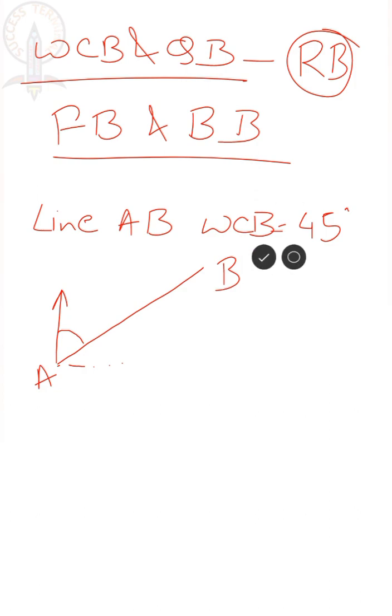Now if you are going to discuss this line in case of quadrantal bearing, what are you going to write? First, is it in the north zone or south zone? North zone. Now is it in the east zone or west zone? East zone.